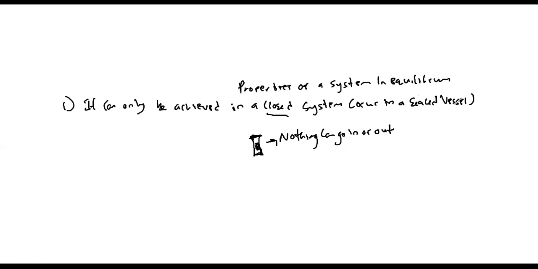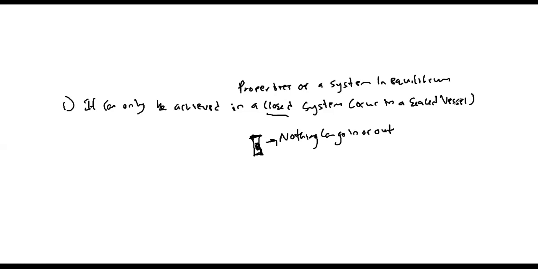It cannot take place in the open air. It can only take place in a sealed vessel. So systems in equilibrium, the reactions can only take place in a closed system. And just remember the definition I give for a closed system. Nothing goes in, nothing goes out. It does not exchange anything with the environment.